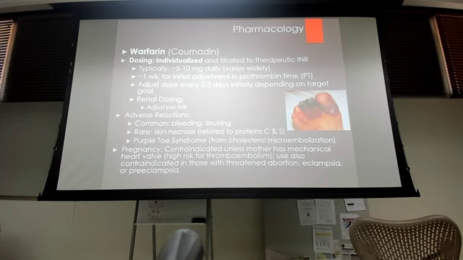Adverse effects: bleeding, bruising, and a kind of unique one, skin necrosis. You can get some skin necrosis from warfarin therapy, and also the purple toe syndrome, which you can see the picture of there, and that's from cholesterol microembolization. Right?